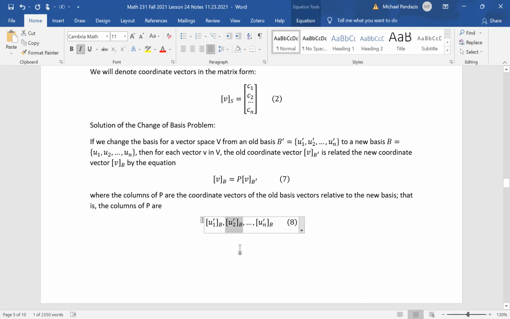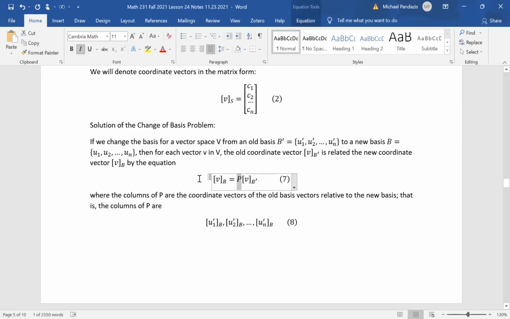The second column is the coordinates of the second old basis vector relative to the new basis. The third column is the coordinates of the third old basis vector relative to the new basis. So the U primes are the old basis vectors. The U's without primes are the new basis vectors. The old basis is B prime and the new basis is B.